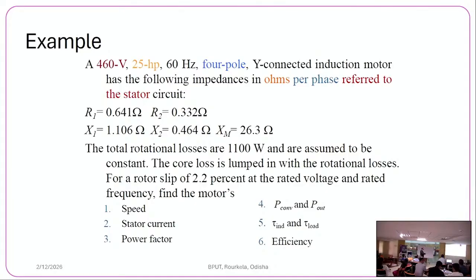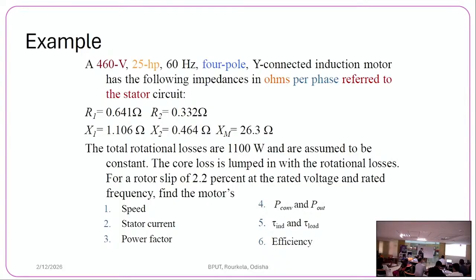Then from the input power you subtract the total rotational losses 1100 watt, and also 3 I1 square R1 plus 3 I2 square R2. You get the mechanical power. Then you supply this as P out. Actually, rotational losses will be subtracted at the end.